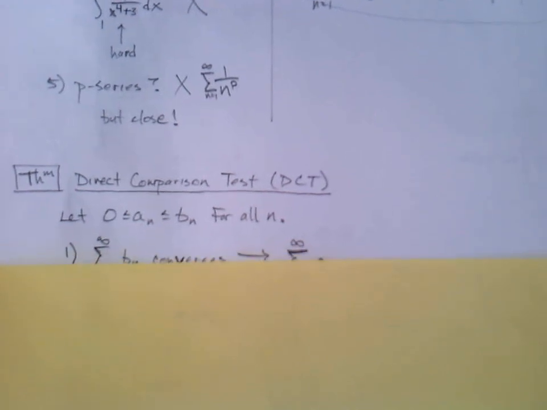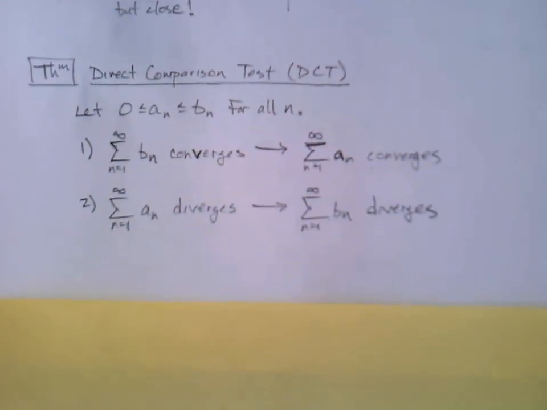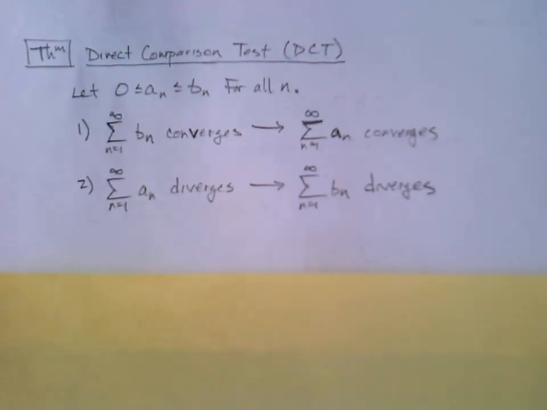There will be another comparison test as well a little bit later. Here's the simpler of the two, the direct comparison test, otherwise known as DCT. So take a moment, copy that over.